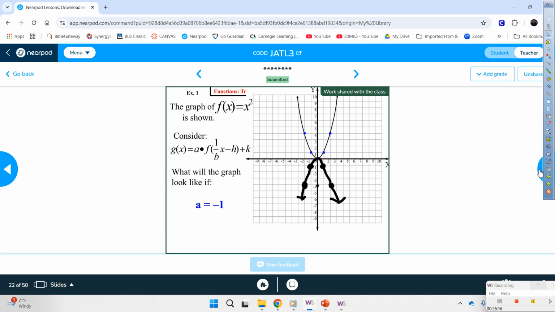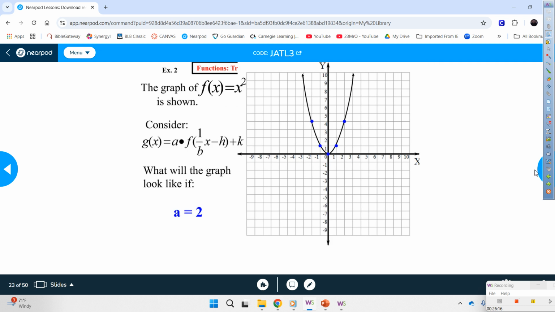All right, let's move on. Next. Look at that. Again, there's the graph, but now A is +2. Talk it over with your neighbor. Let them know what's going to happen to these points with A +2. Where shall we place those points?